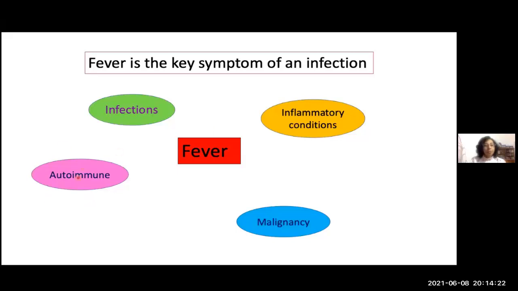Or in autoimmune conditions like systemic lupus erythematosus, or even malignancies in childhood, like lymphomas, neuroblastoma can present with fever. But they are like prolonged fevers. So although fever is important, you need to know that it could be a manifestation of something other than infection as well.